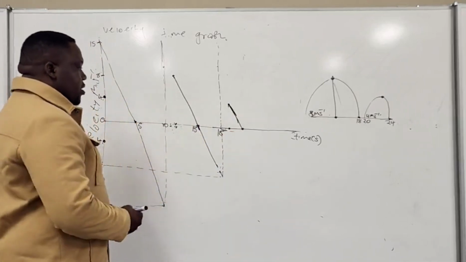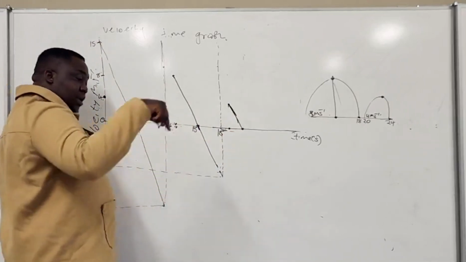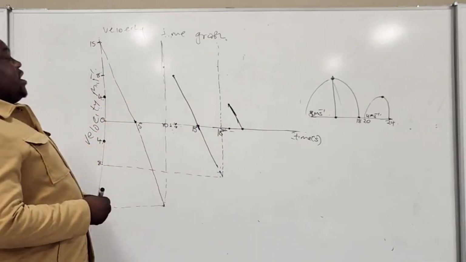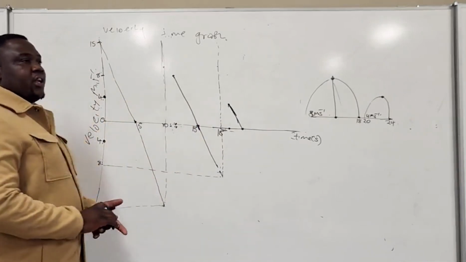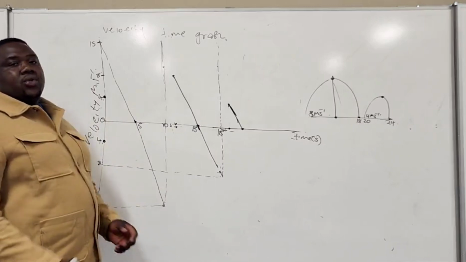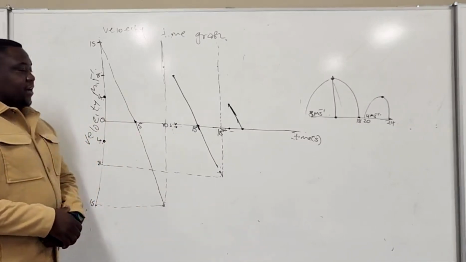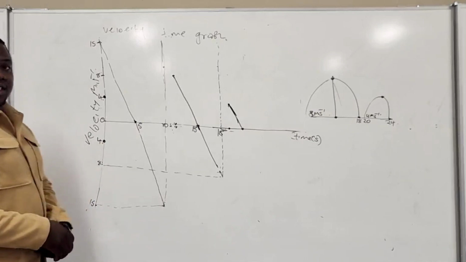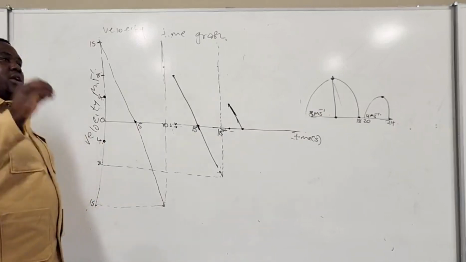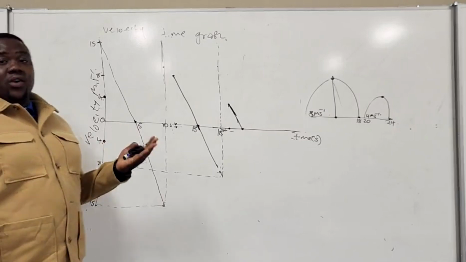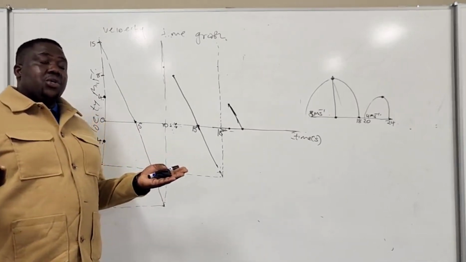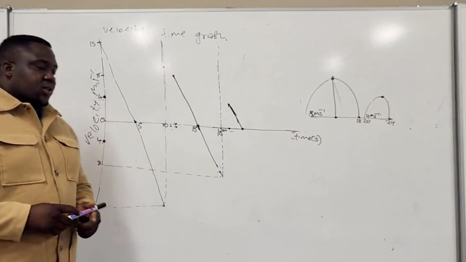Then you can see the ball returns back to the ground, and as it returns back to the ground, what will happen to the velocity as the ball is moving down? When a ball is moving down, the velocity of an object is going to increase.